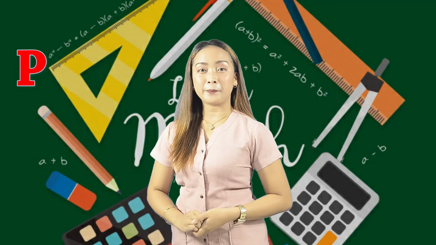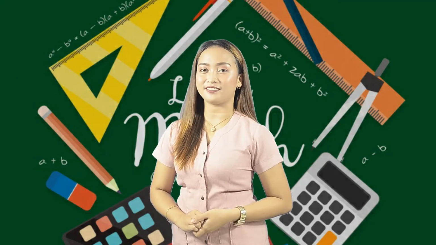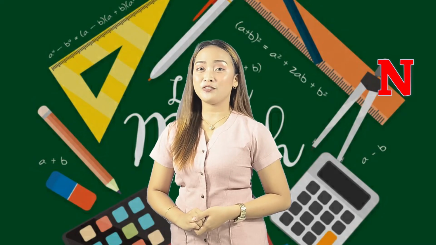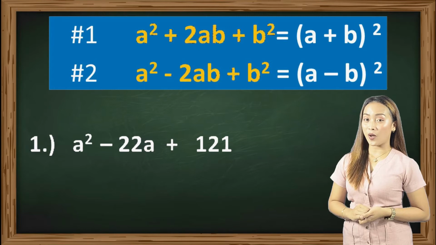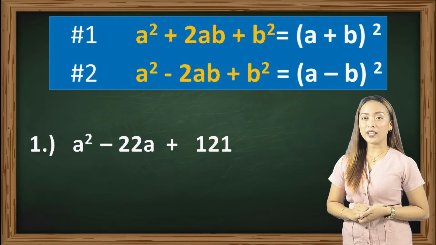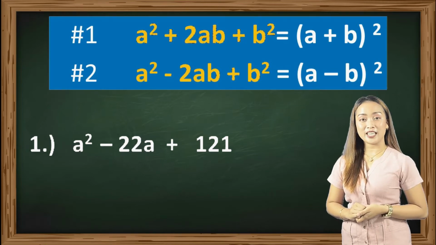Just say P if it is a perfect square trinomial, and N if not. Number 1, a squared minus 22a plus 121. See the patterns.